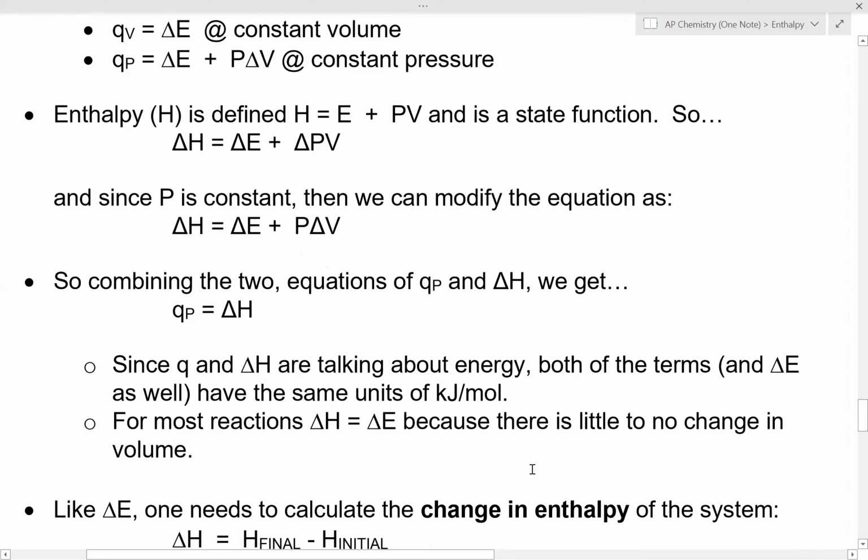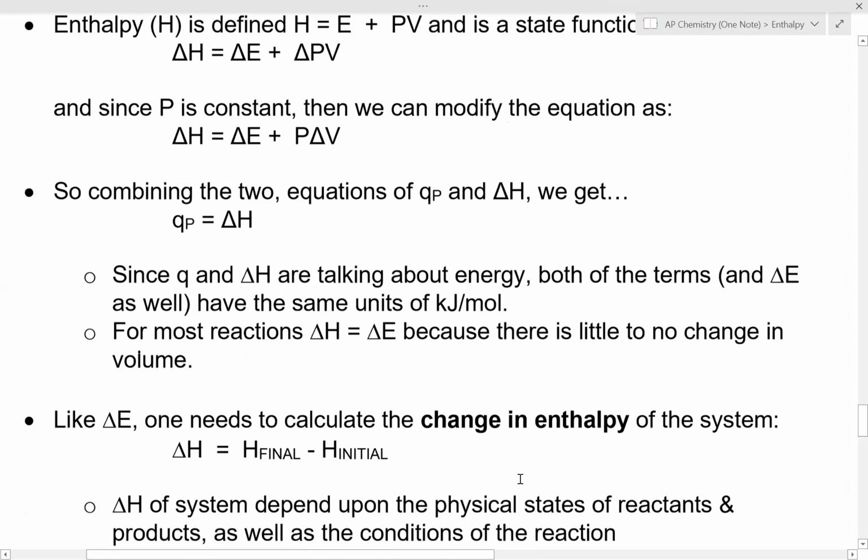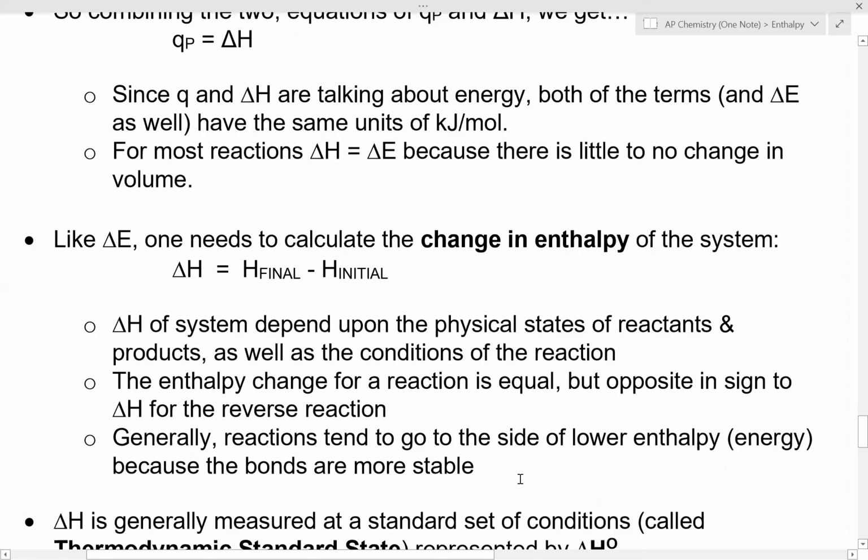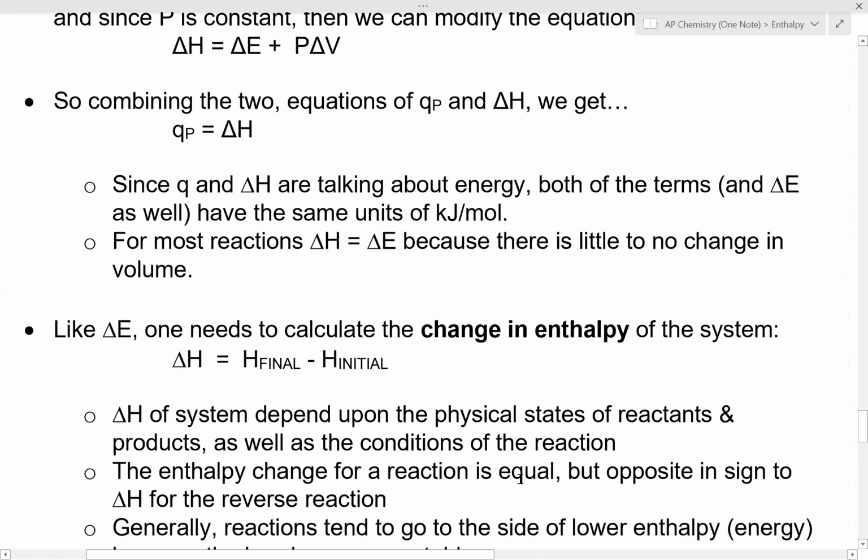And for most reactions, delta H is equal to delta E, because the change in volume is so minuscule. Like change in energy, one needs to calculate the change in enthalpy of a system from the reactants to the products or vice versa.